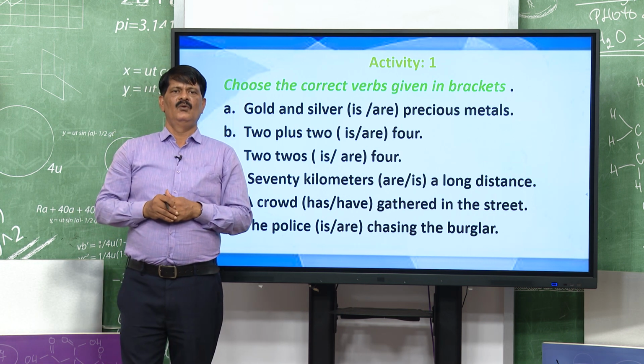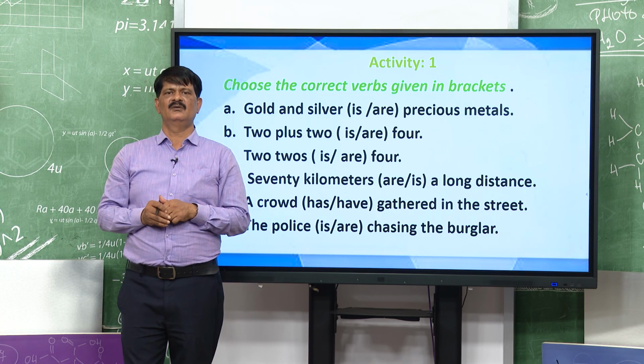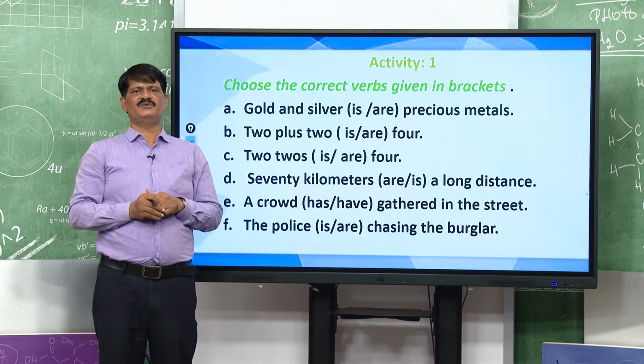In the activity: gold and silver dash precious metals. 2 plus 2 we have done, is or are? You can easily do it, that is 4. Two twos, definitely singular, it is 4.